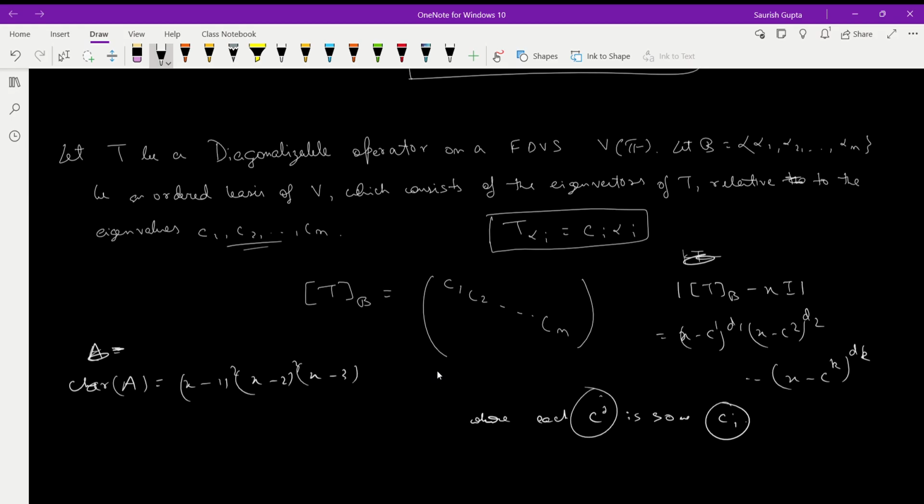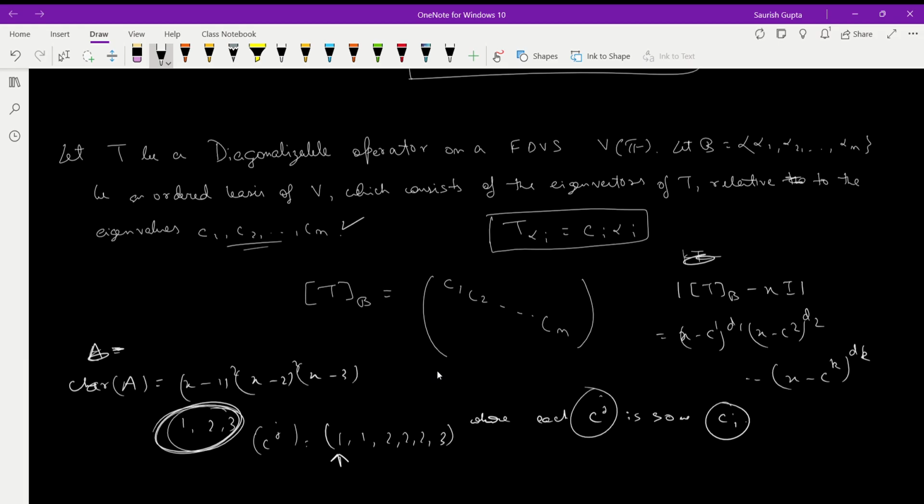So the eigenvalues, if listed on a simple note, are just 1, 2, and 3, right? So we are not actually including the repetitions of each of these eigenvalues. So these cj listing is actually of the form: we have two ones, three twos, and one three. Yeah, right. So each cj is some element from these listings, right?